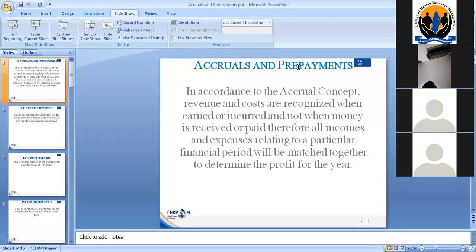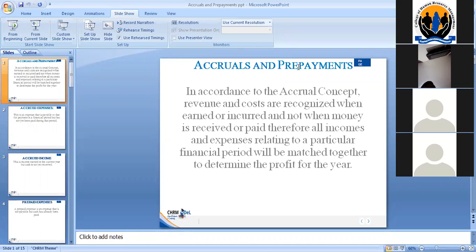So we have here the accruals and prepayments. I will take you back a bit to the accounting principles and concepts that we discussed. We said accounting principles and concepts are the rules or regulations that have been agreed globally on how accounting should be conducted in organizations, so that we can have some kind of uniformity.